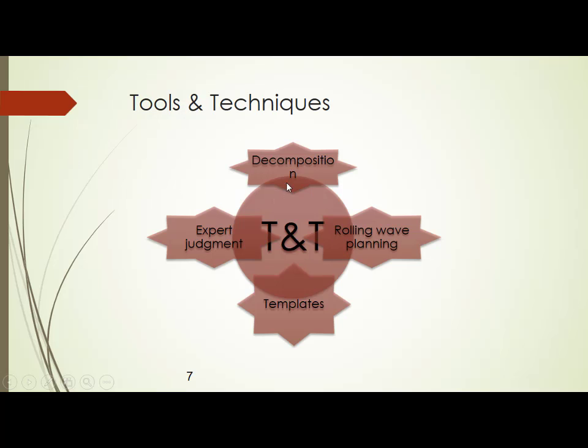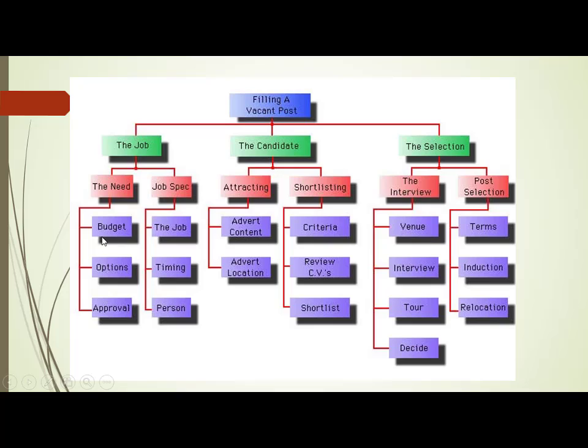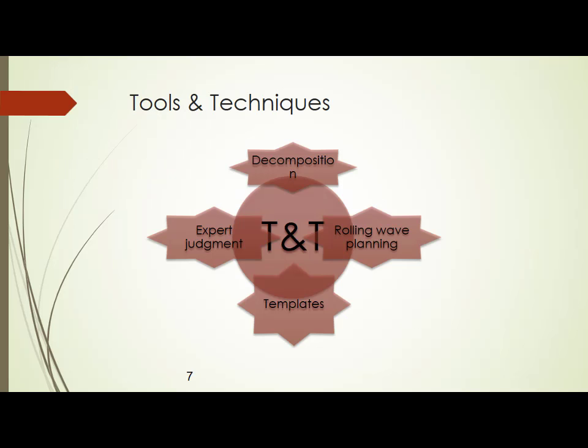Now what are the tools and techniques? One is called decomposition, very important. What is decomposition? You are doing decomposition only here. You are taking a particular work package and you are decomposing it into further smaller chunks, into activities. That is called decomposition. And the second thing is, when you are decomposing, you are taking expert judgment into picture.